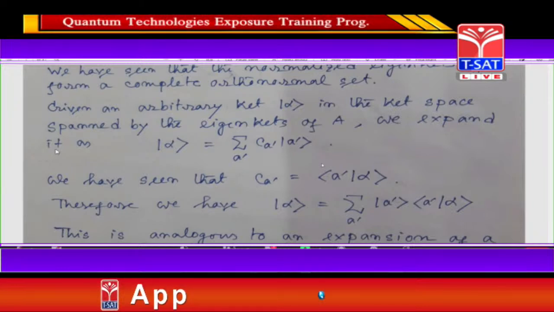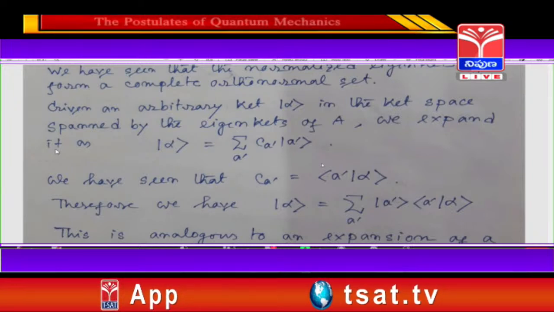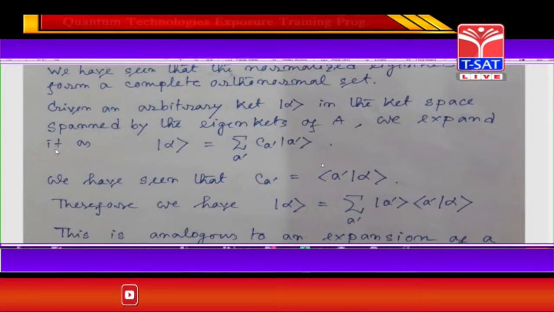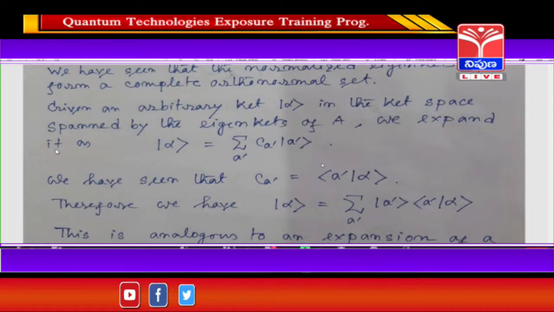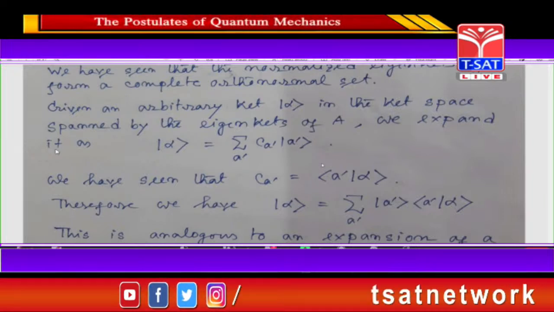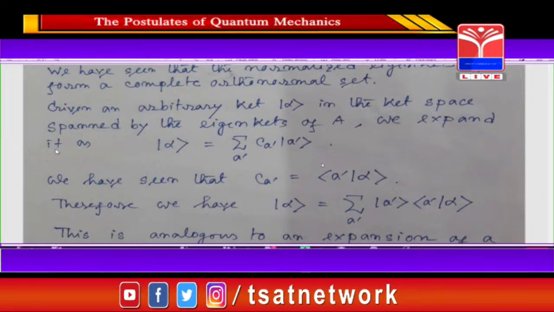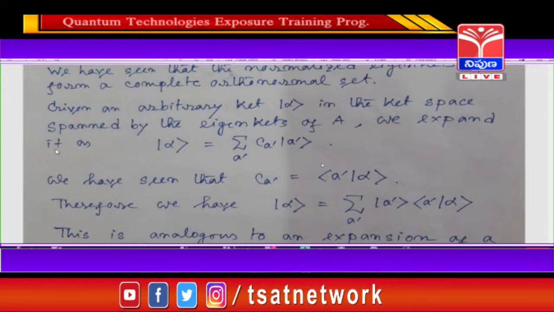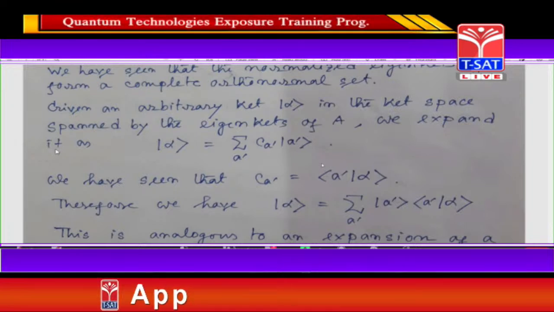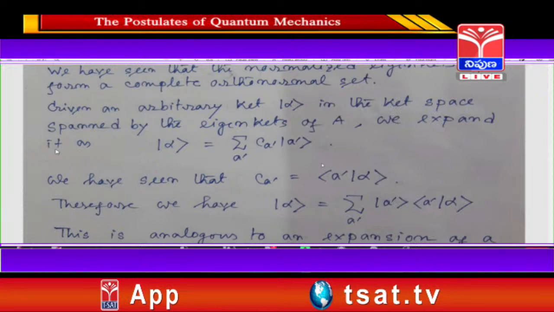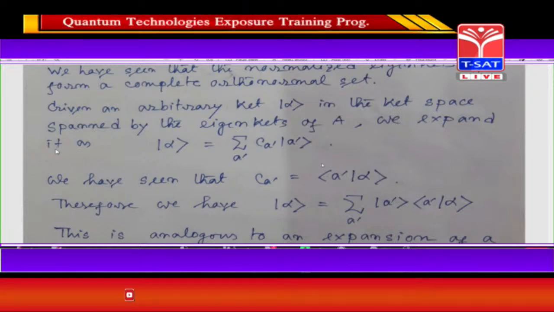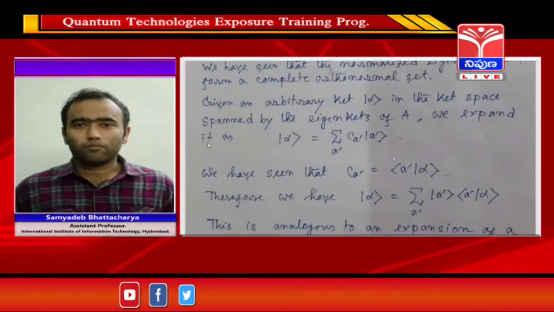When the bra and ket are equal, since they are orthonormal vectors, only then it gives you 1, otherwise it gives you 0. So basically on the right hand side, it chooses the corresponding coefficient Ca prime associated with the orthonormal vector A prime.